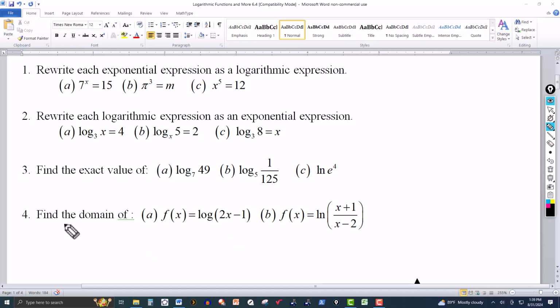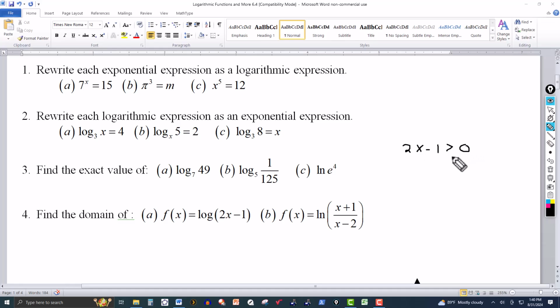Now the next one says find the domain. So remember, for the logarithmic function, you cannot have the log of a negative or the log of 0. So in other words, whatever this is here, it has to be positive. So to find the domain, that is the permissible replacements of the variable, you simply take the argument and make it greater than 0.